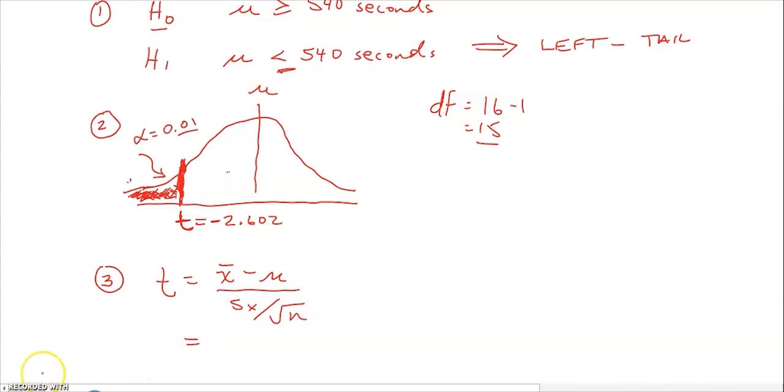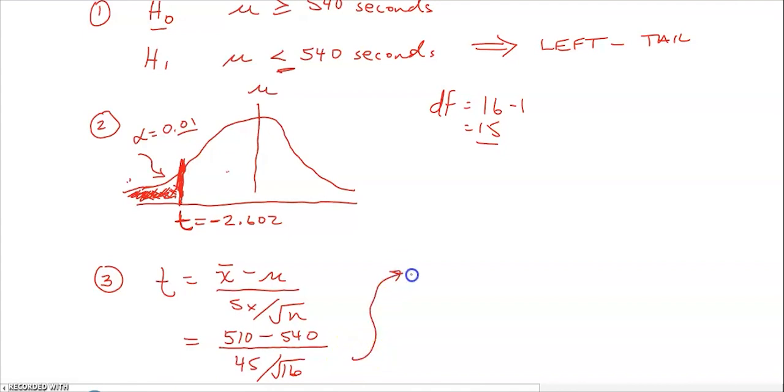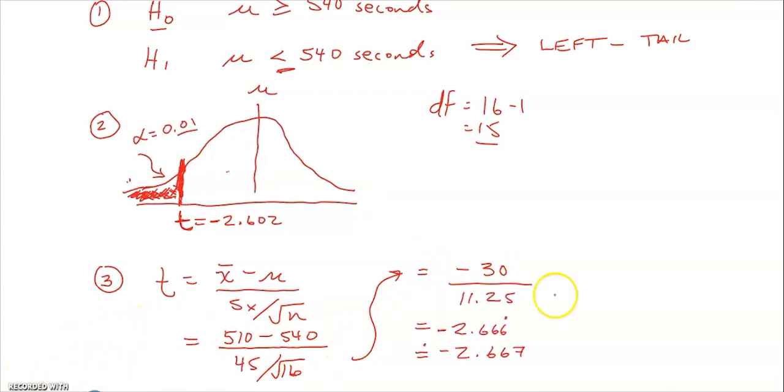And according to this, the values are 510 minus 540 divided by 45 divided by square root of 16. And what does this give us? Well, that gives us minus 30 on top divided by 11.25, which then gives us a final value of negative 2.667 rounded to 3 decimal places.